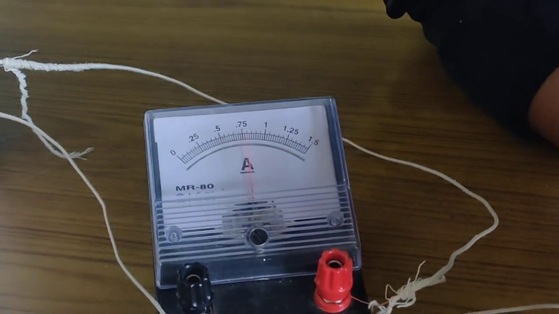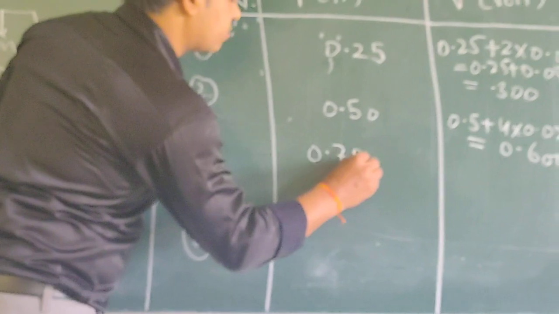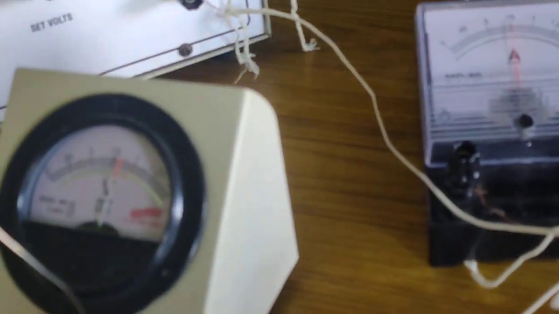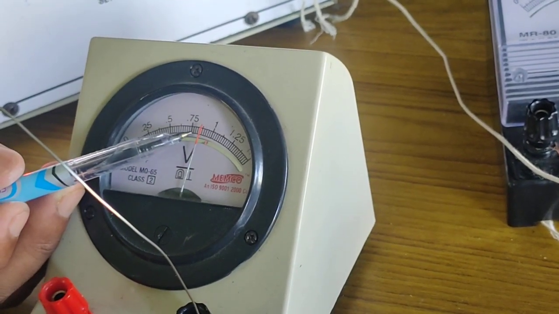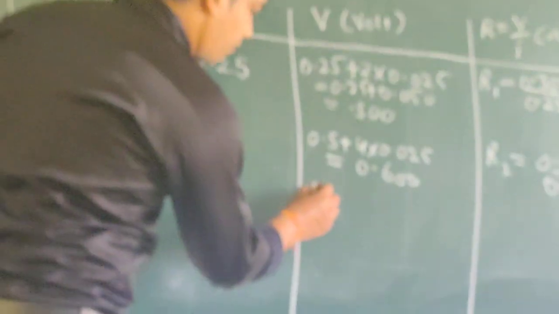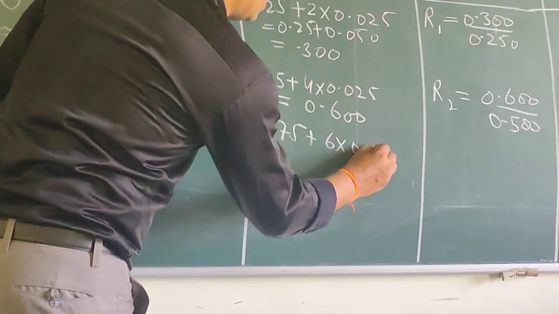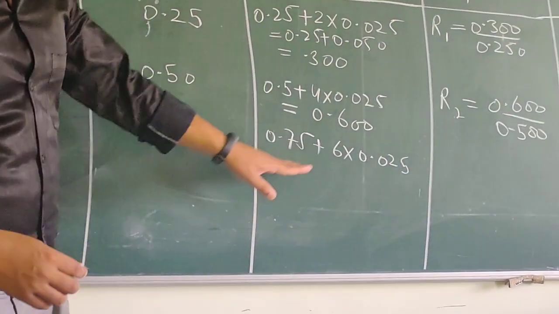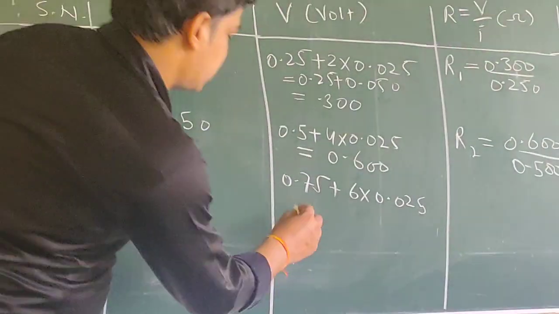Okay, so see, this is 0.75 ampere here, and corresponding to this the value of voltage, see here 0.75 is already completed and after the 0.75 it is 6 divisions. So 0.75 plus 6 multiplied by the least count. So here see, this is the use of least count, how we can use the least count in proper measurement.